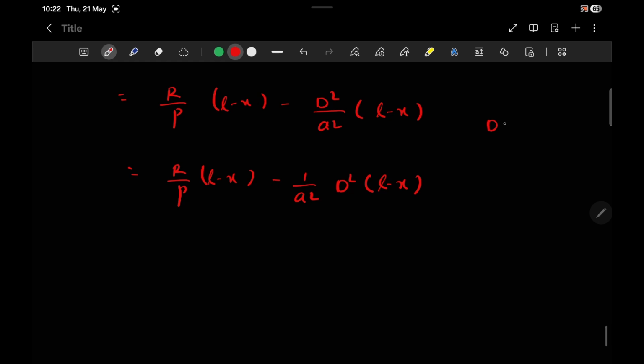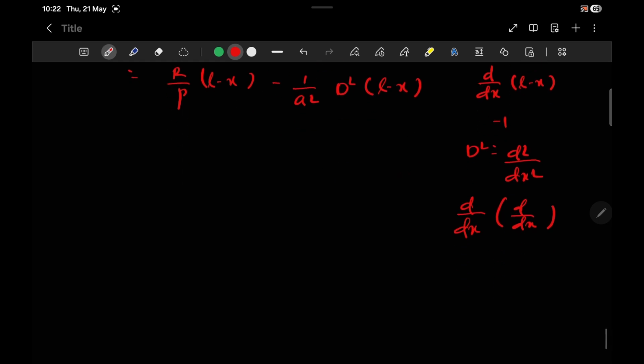of L minus x, the double derivative of L minus x. So we know that d is d by dx, so d by dx of L minus x is minus 1, and d square is d square by dx square, so d by dx of d by dx of L minus x.